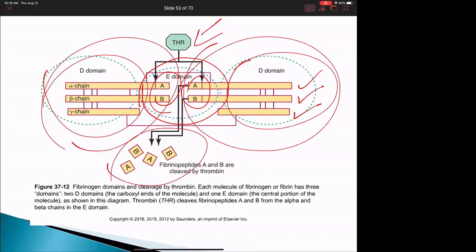That's one of the main functions of thrombin. Once it does that, spontaneously, it forms a fibrin polymer. So let's keep that in mind: thrombin cleaves fibrinopeptides A and B from the alpha and beta chains in the E domain of the molecule.